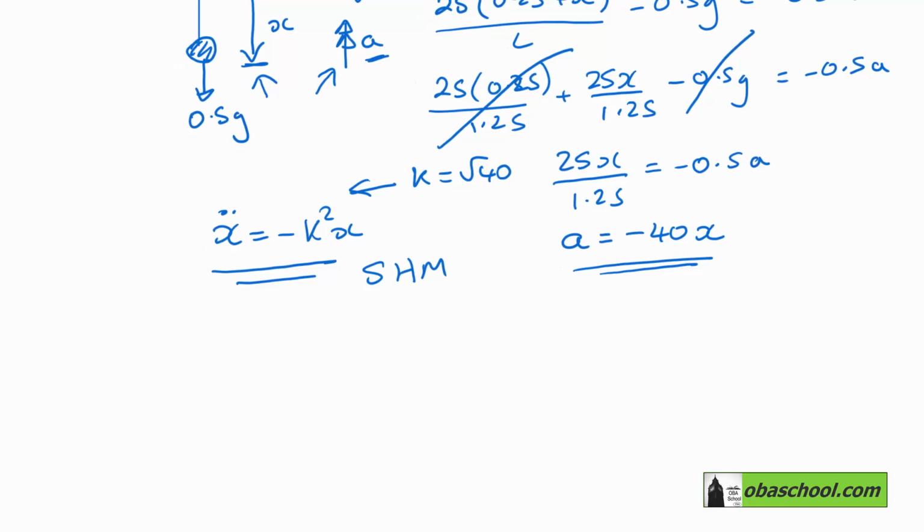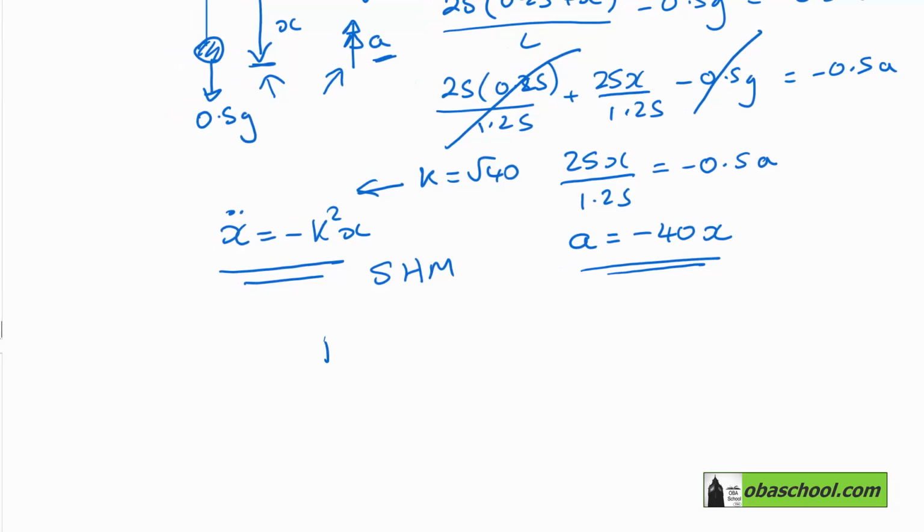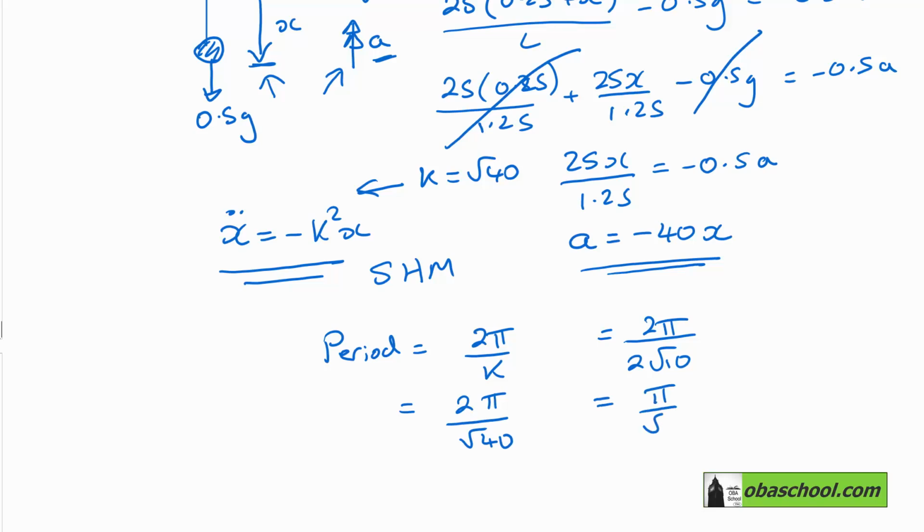So the period of the motion is 2 pi over k for SHM. So that is 2 pi over root 40. That gives us 2 pi over 2 root 10, which is pi over root 10 seconds as required.